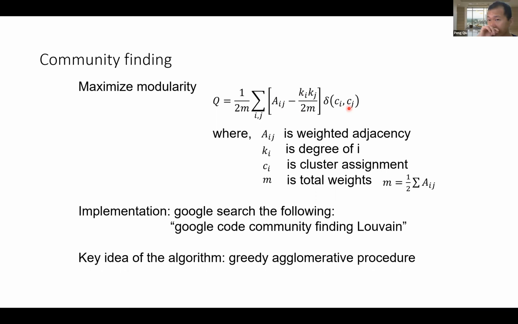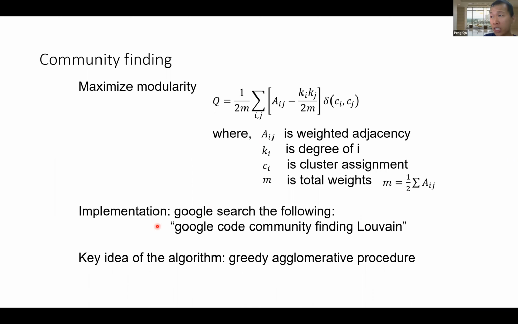Okay. So in essence, what this Q quantity is measuring, for a cluster solution that we propose, is do we see more connections within each cluster than by chance? Okay. And that's what this Q quantity is about.